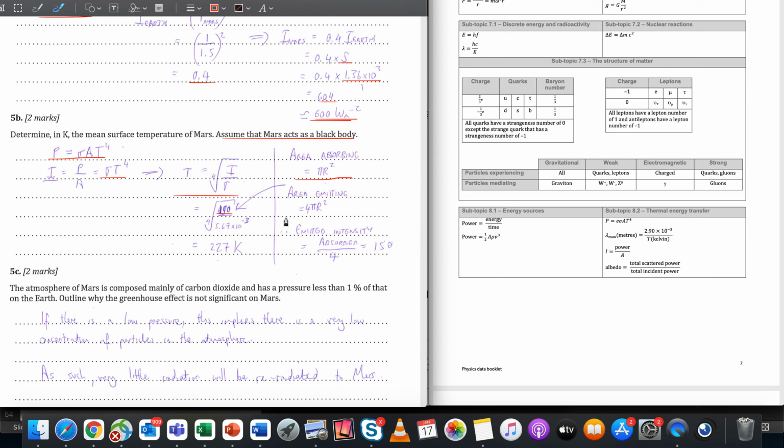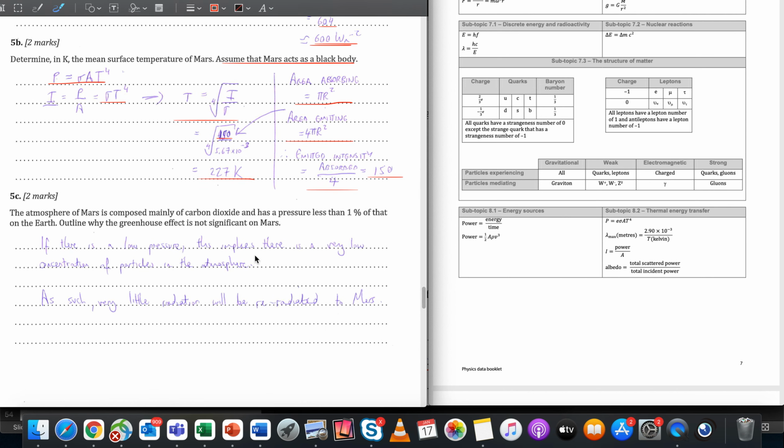The area absorbing is pi r squared. The area emitting, however, is the surface area of the sphere, which is 4 times pi r squared. So what this means is that the emitted intensity is going to be 4 times smaller than the absorbed intensity, which means you've got 150 there, and therefore your value is going to be slightly different. I admit I didn't think of this when I was looking through this problem, and I was a little bit confused when I read the mark scheme, but actually it makes complete sense.